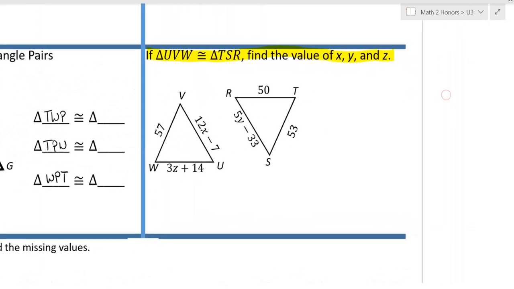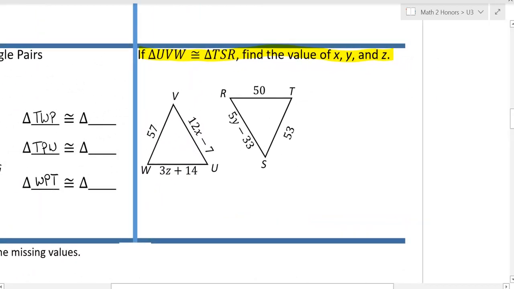This last one here is a little different, so I will help you out with this, okay? It's asking us to find the value of x, y, and z, and we know that UV and TS are congruent, so I could write that. So UV is congruent to TS because the triangles are congruent, and if the triangles are congruent, then the corresponding parts are congruent, right? Now because they're congruent, we can say that the length of UV is equal, not congruent, but equal to TS.